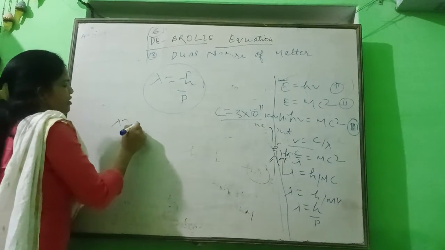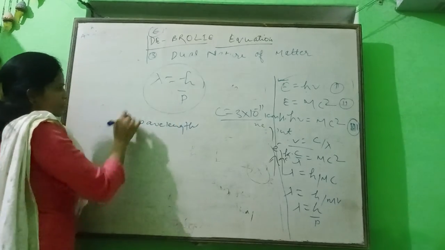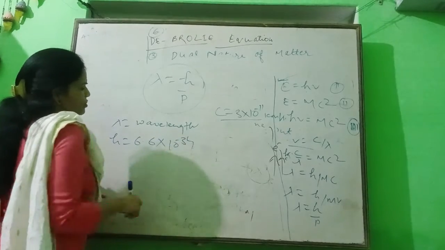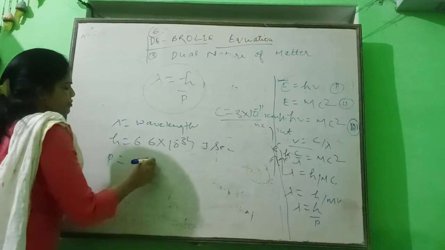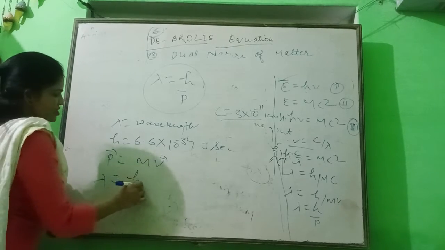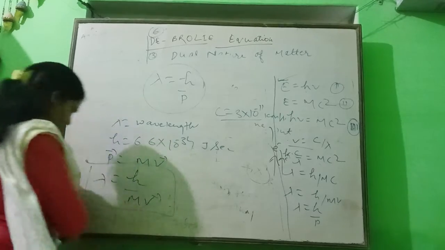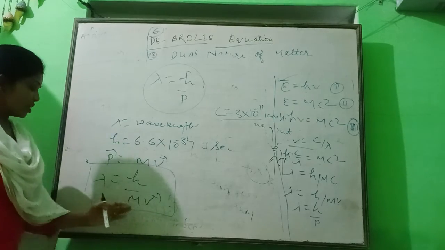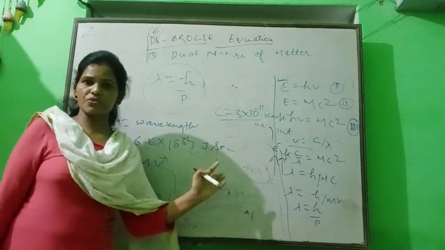Now lambda is the wavelength of the wave and h is equal to 6.6 into 10 to the power minus 34 joule second. p is equal to m into v. You can put h upon p, meaning this is the wavelength of the electron, this is the mass of the electron, this is the velocity of the electron, and this is the Planck constant value. Okay, thank you so much.